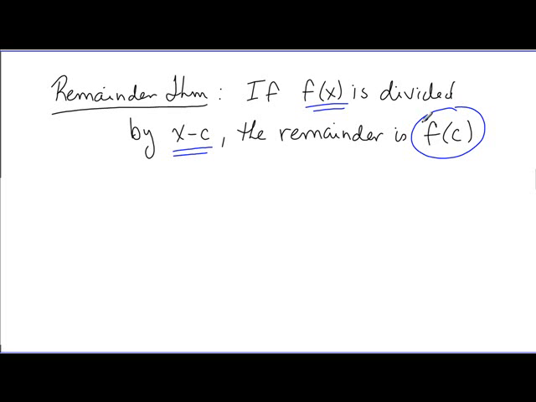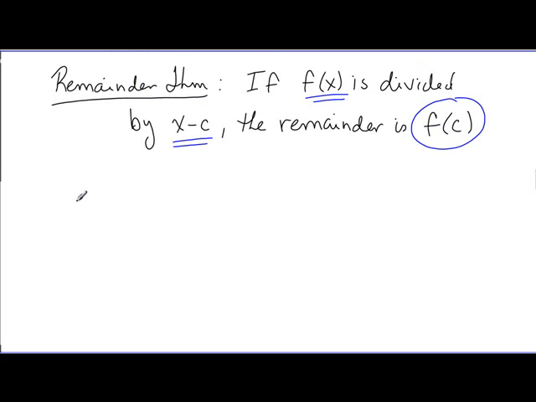Now, if we go further with that, since the remainder, when our function was x cubed minus 7x minus 6, and we divided that by x plus 2, f of negative 2 equals 0 is the remainder.